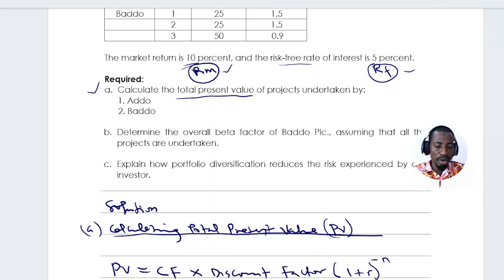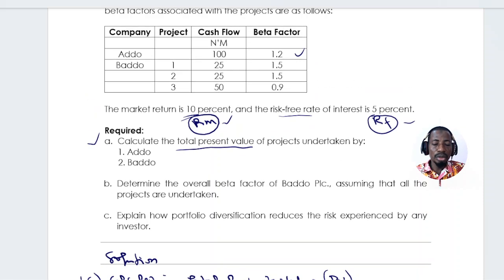So let's go to requirement number B, whereby you are asked to determine the overall beta factor of Bado PLC, assuming that all the projects are undertaken. So for Bado, we want to compute the overall beta value. Which formula am I going to use to compute my beta value? I've provided you with 5 different formulas.